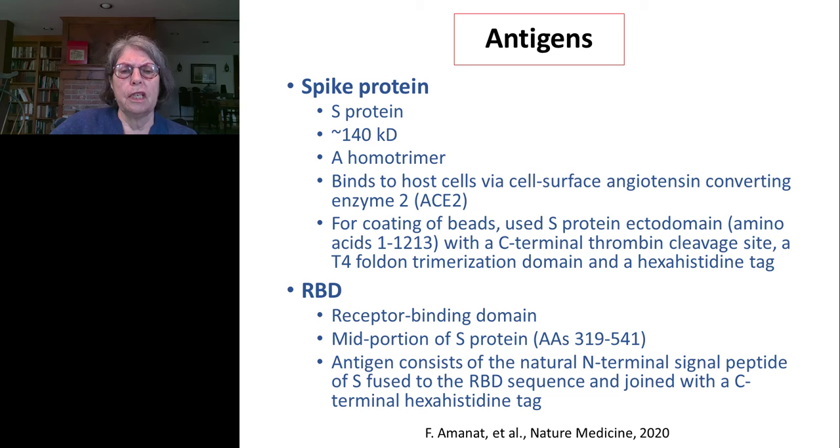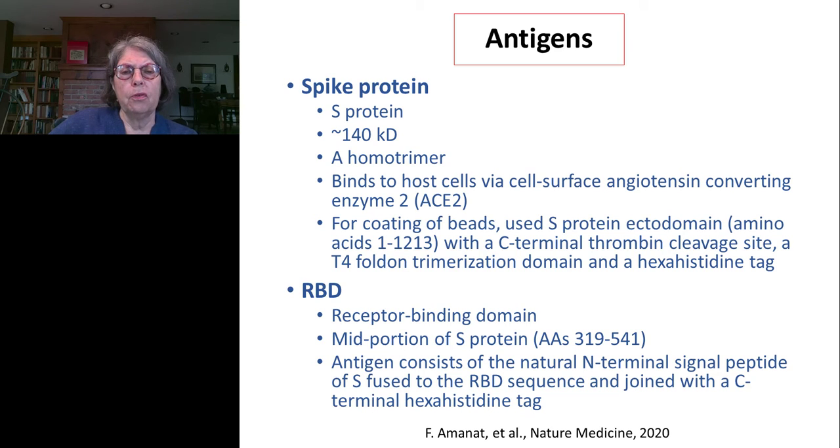Now, in terms of a description of the antigens that we use in the assay, we use the spike protein, as I said, and the receptor binding domain, which is abbreviated as RBD. Let's go over the details of the spike protein. It comes from the S protein. The spike itself is a homotrimer of 3 copies of this S protein, each of which is approximately 140 kD.